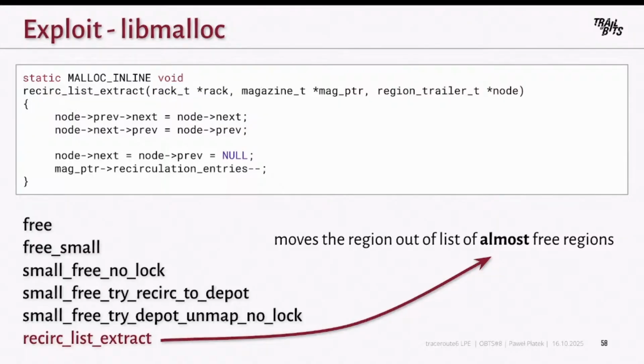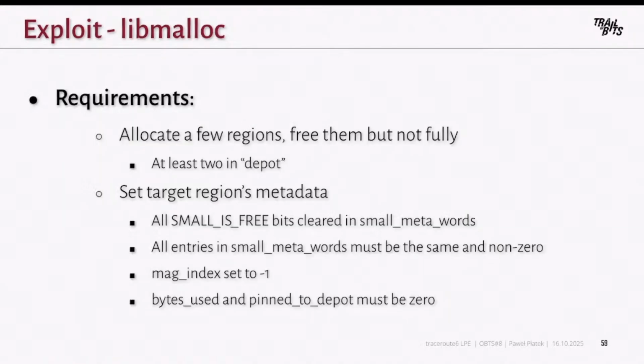For the exploitation technique, it means two things. One, we have to move at least 2 regions into that depot list. To do that, we need to allocate a few regions and then free most data in those regions, but not all of the data. And the second requirement is that, in addition to overwriting previous and next pointers, we have to overwrite some more metadata in a very specific way.